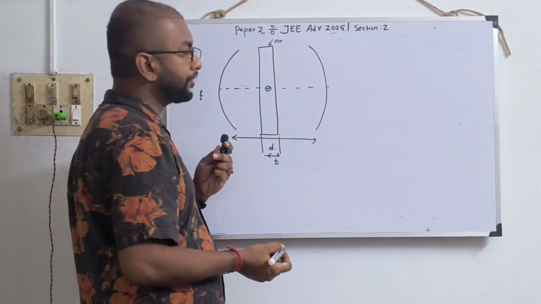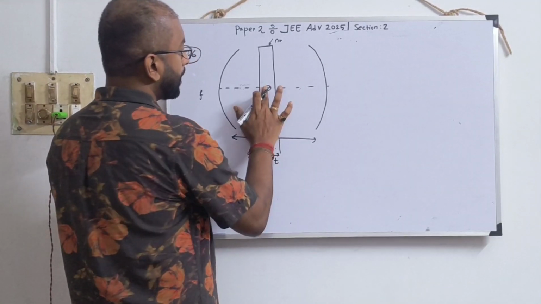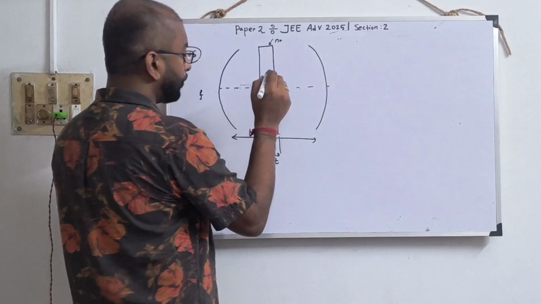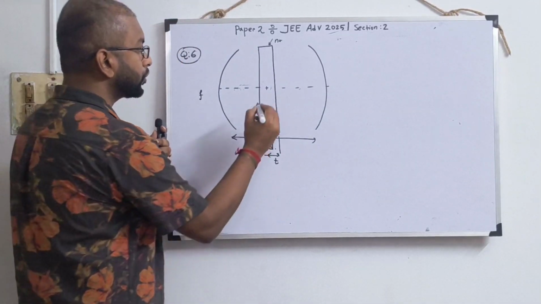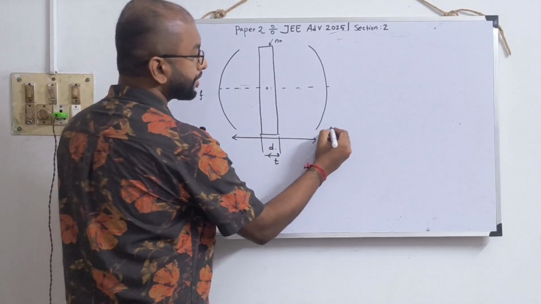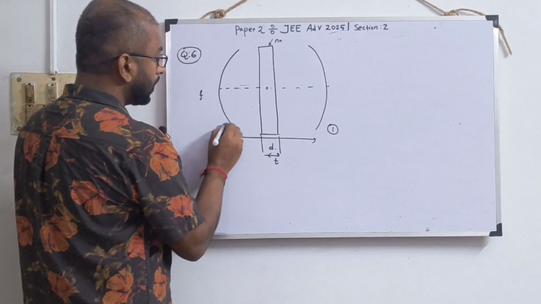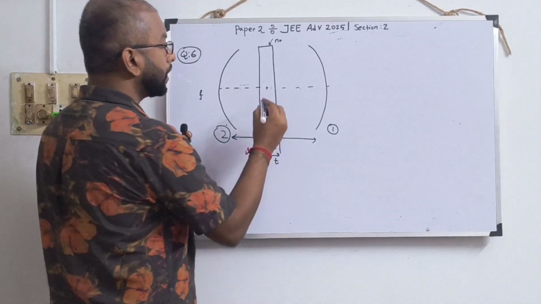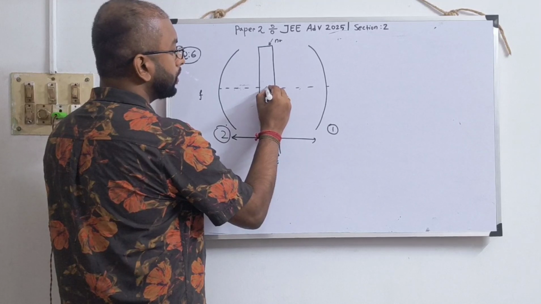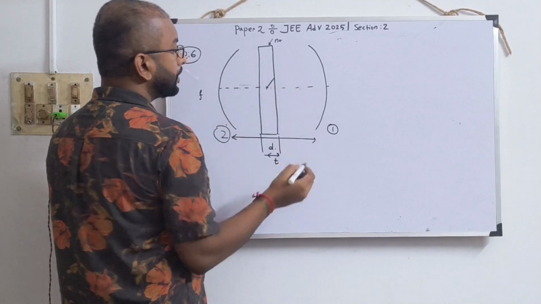Let us try to draw the ray diagram. Let us say here the point source is there. Let's say this is mirror 1, and I will label this one as mirror 2, and then let us send one ray like this.